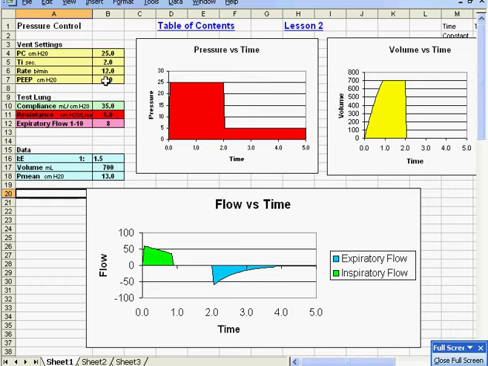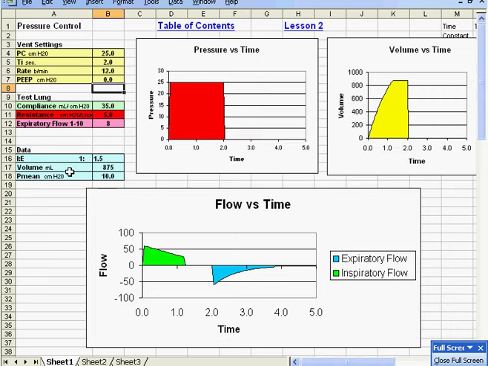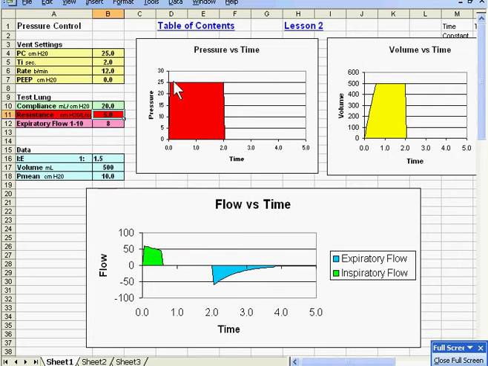All right. So for our purposes, why don't we set this to 0? And so we'll have our pressure control gradient, our TI, and we can look at the effects of compliance. If we decrease the patient's compliance, so we make it say 20, you'll notice that the pressure being delivered to the lungs hasn't changed.